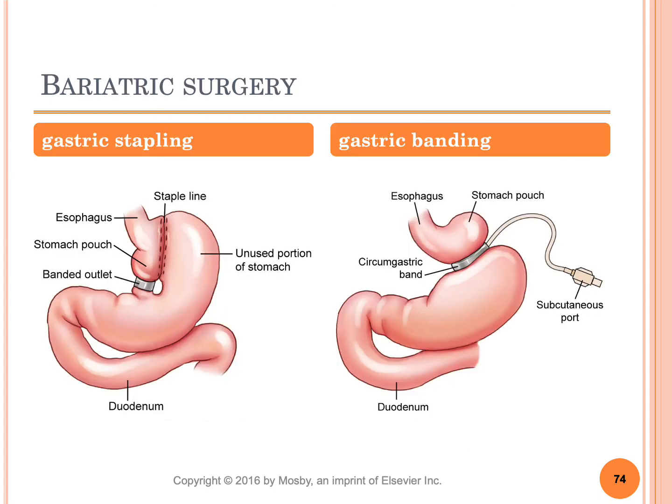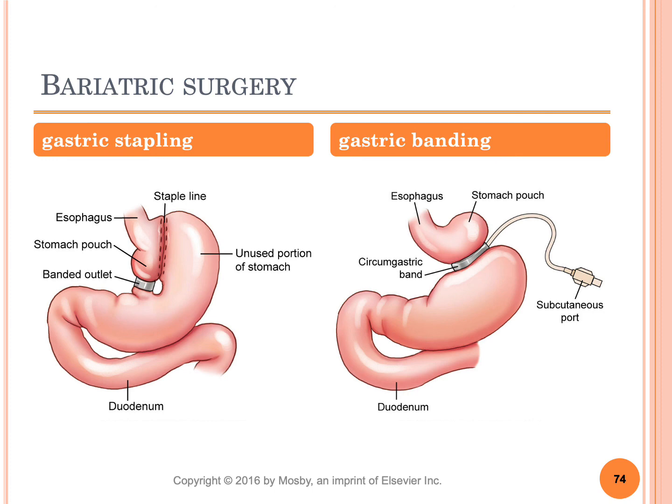Bariatric surgery, here you can see on the left a gastric stapling, and on the right you can see gastric banding. Now with a gastric stapling, they permanently remove part of the stomach and do a resection, or they can just close the rest of the stomach off and reroute the passage of food from the esophagus through just a small little portion of the stomach and then out to the duodenum.